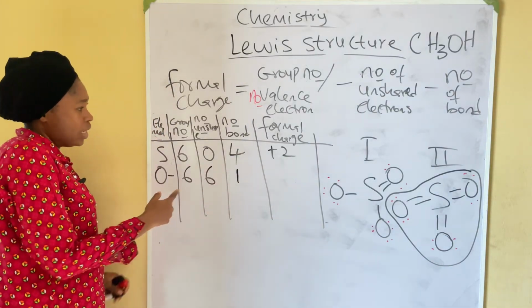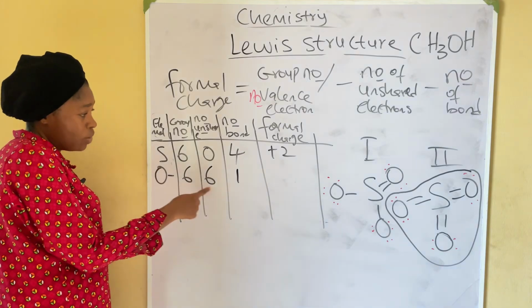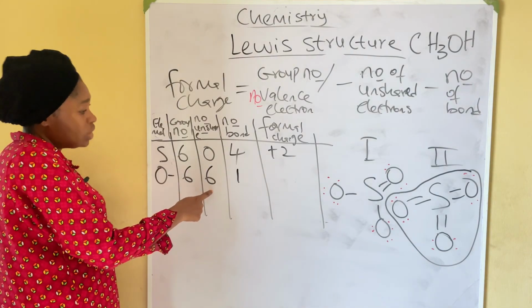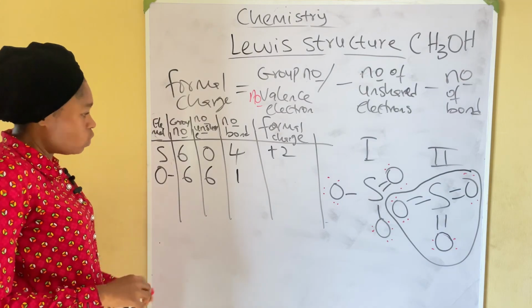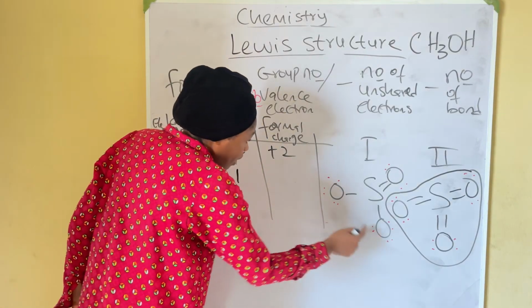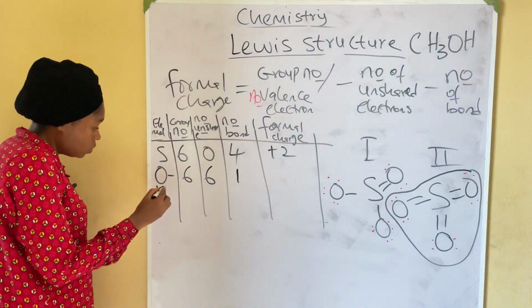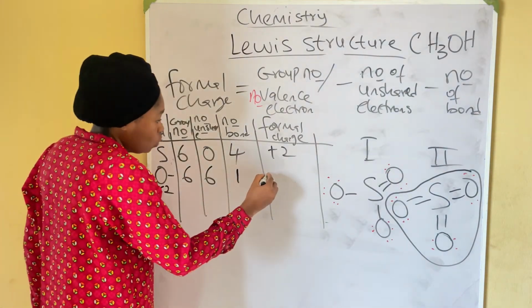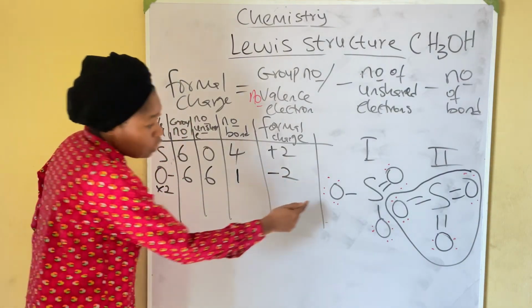So let's find the formal charge. 6 minus 6 is 0. 0 minus 1 is minus 1. But I have 2 atoms of this oxygen. They are the same thing. It means that if I do another one, I'll still get the same thing. So I'll do it times 2. Minus 1 times 2, I'll have minus 2, for these 2 single-bonded oxygens.